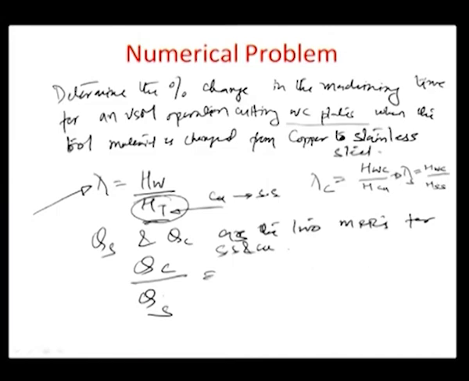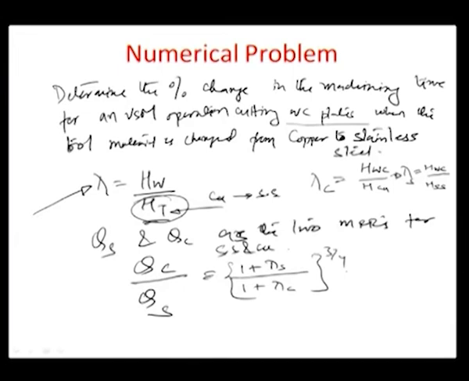So, QC by QS comes out to be equal to (1 plus lambda S) by (1 plus lambda C), to the power of 3 by 4, for obvious reasons from the Shaw theory and the approximation discussed before, where we find that Q is proportional to the inverse of (1 plus lambda) to the power 3 by 4.